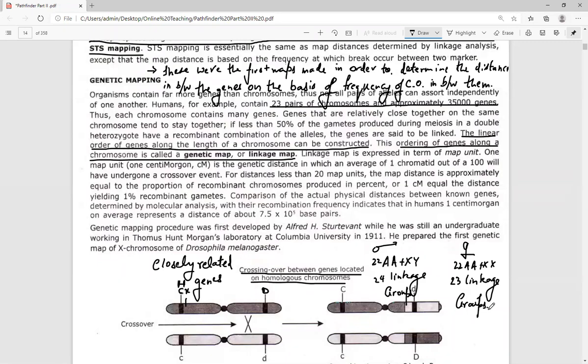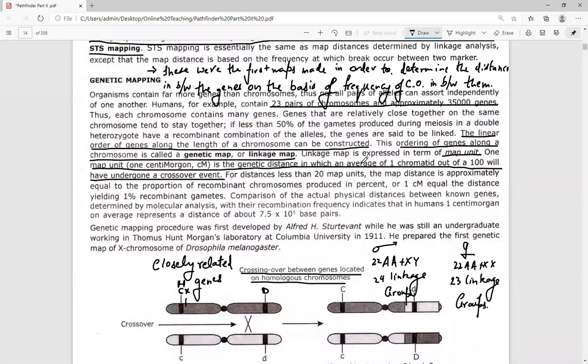Okay. Linkage map is expressed in terms of map unit. Map unit, also referred to as centimorgan, is the genetic distance in which, on average, one chromatid out of 100 will have undergone a crossing over event.